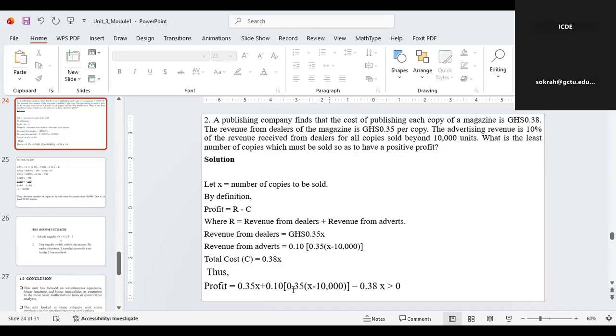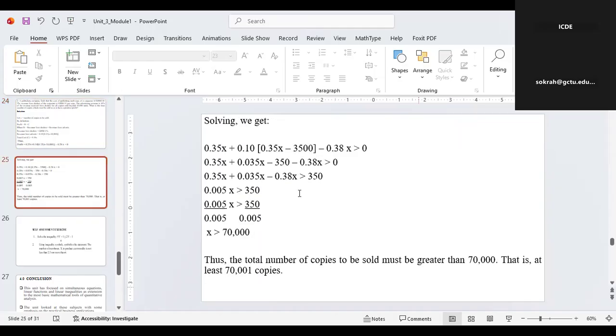So from this stage, it is simplification. In the square bracket, we had to expand the other bracket within the square bracket. So we did the expansion first. 0.35 multiplied by x, and we had 0.35x. The same 0.35 multiplied by 10,000, and we had 3,500. So that is on the other page.